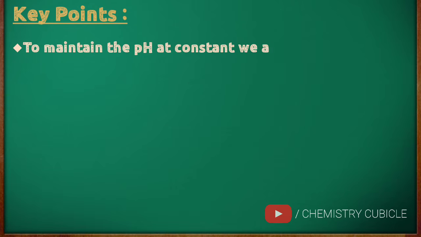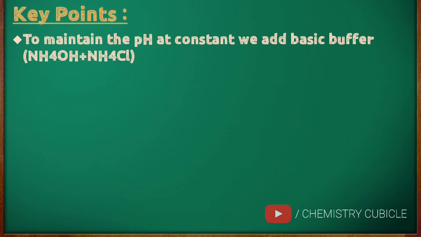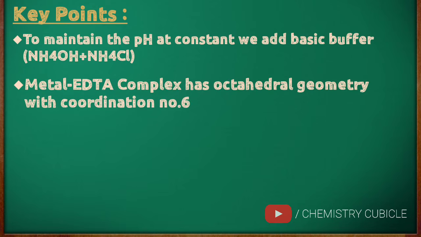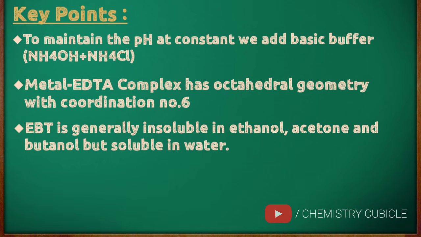To maintain the pH constant, we add the basic buffer solution of ammonium hydroxide and ammonium chloride. The metal-EDTA complex has octahedral geometry with coordination number 6. Lastly, Eriochrome Black T is generally insoluble in ethanol, acetone, butanol, etc., but it is soluble in water.